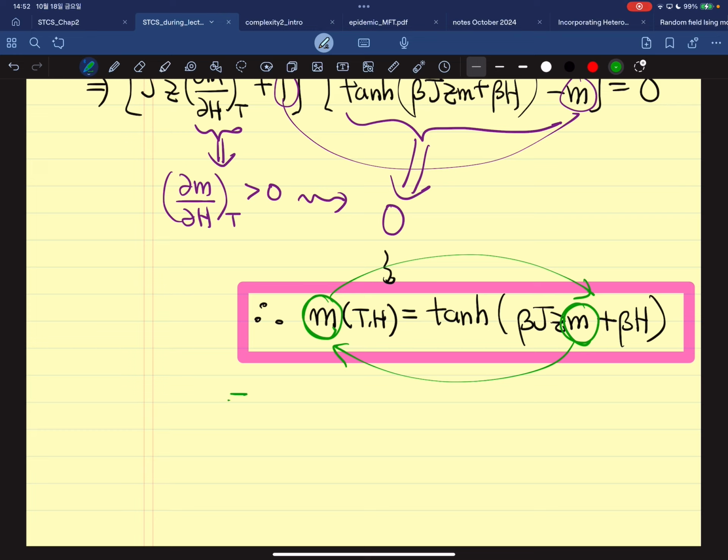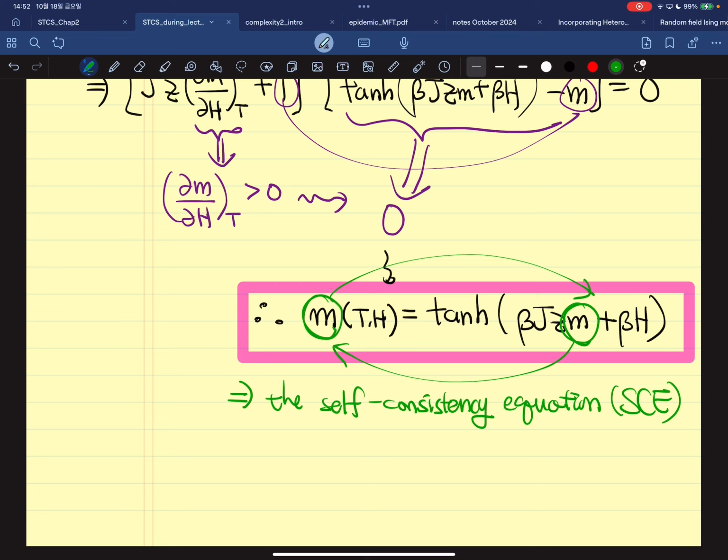So this well-known terminology is called self-consistency. It is sometimes called self-consistent and sometimes self-consistency, but I'm not sure which one is more appropriate. It is sometimes called SCE, the self-consistency equation.